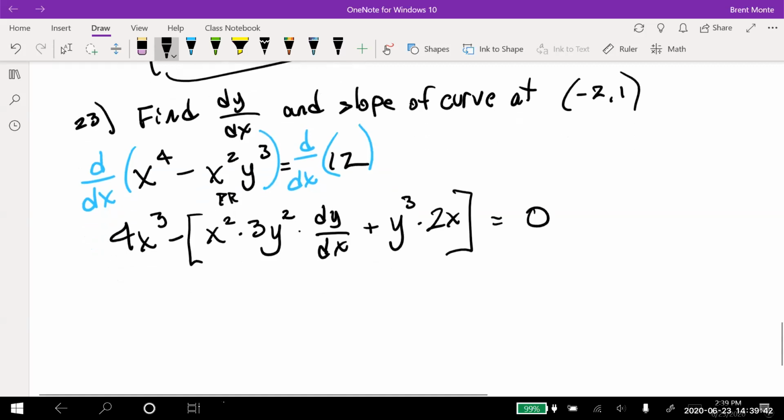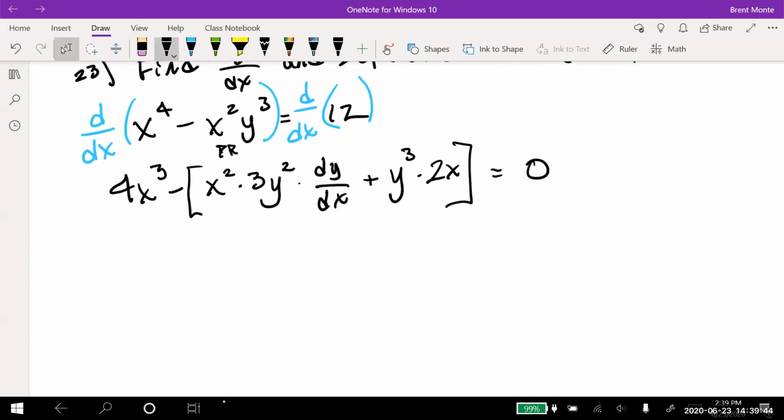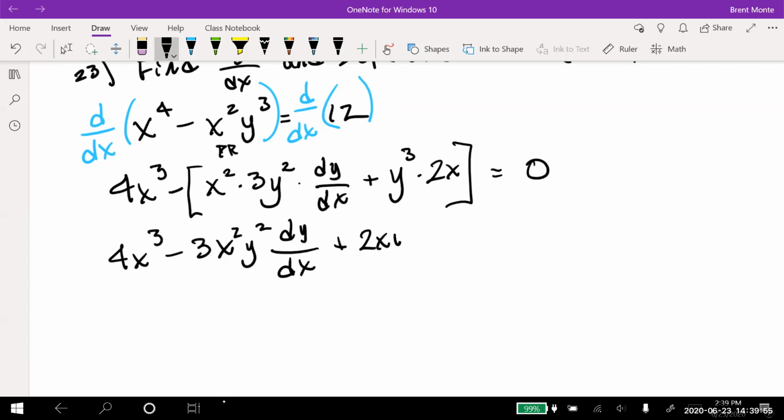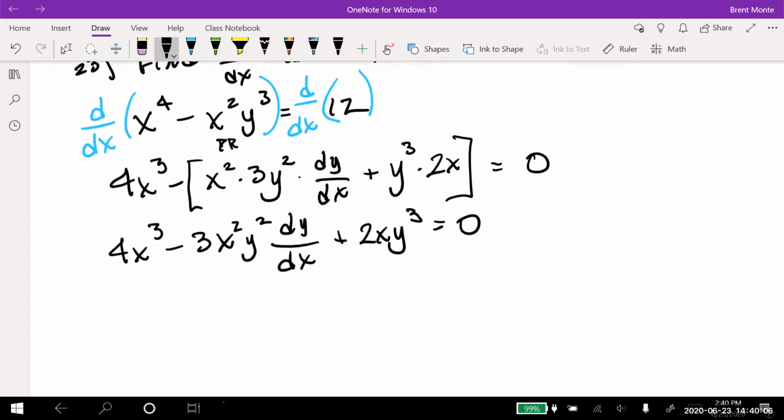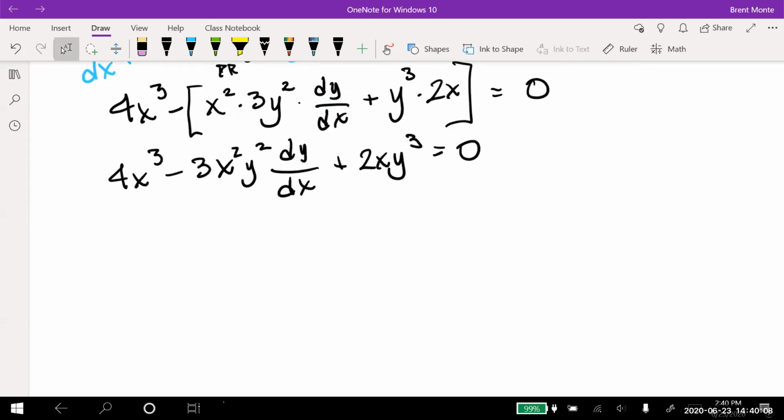All right, so let's get rid of that by distributing the negative. So we've got 4x cubed minus 3x squared y squared dy/dx plus 2xy cubed equals 0. And remember, I'm trying to get dy/dx by itself. So everything that doesn't have a dy/dx attached to it, I'm going to move to the other side. So I'm going to subtract away the 4x cubed and the 2xy cubed.